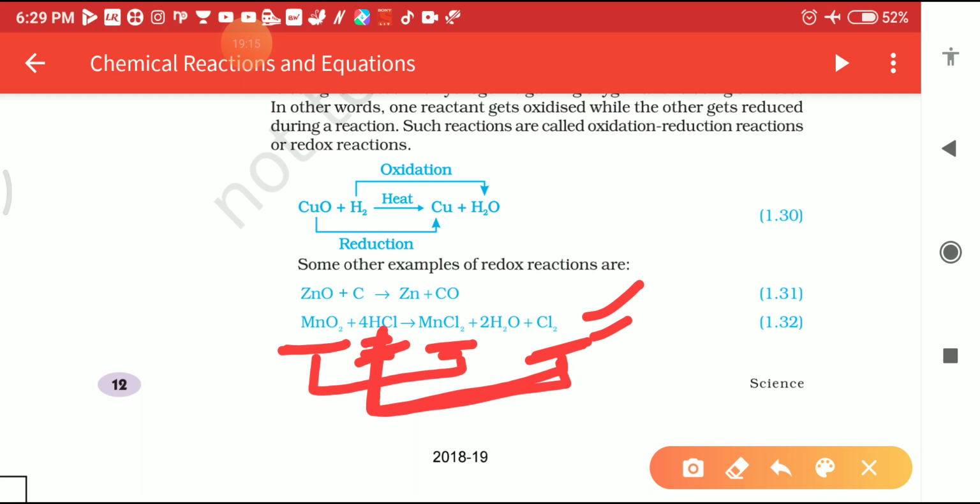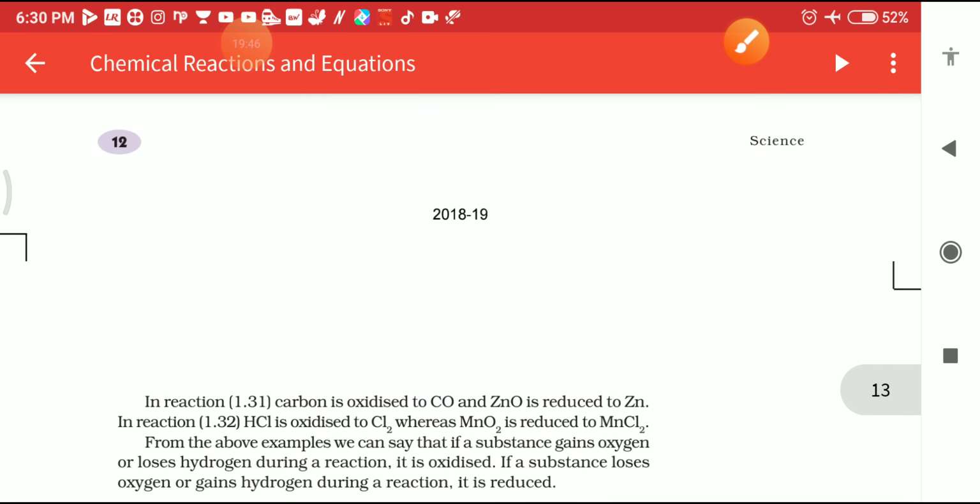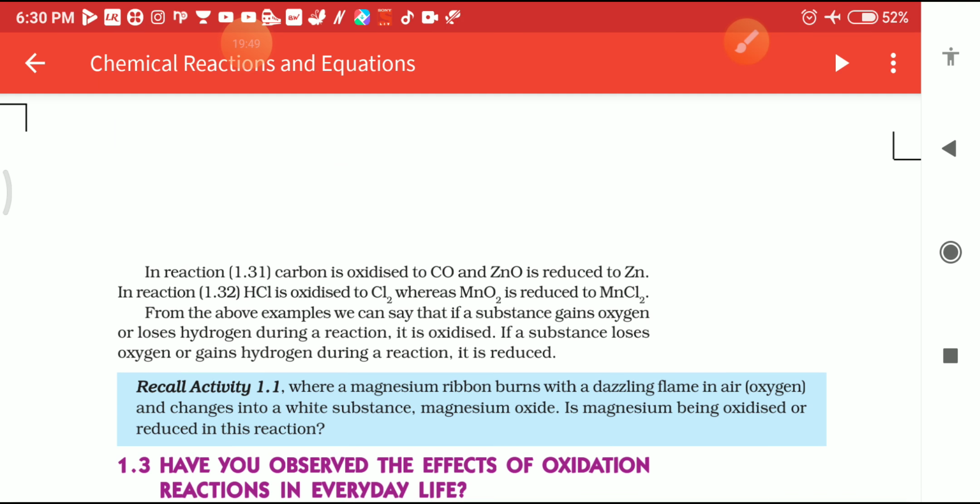One substance is oxidized and one substance is reduced, forming manganese dichloride, water plus chlorine. In this way we can say that oxidation and reduction both take place. I hope, students, you will understand this topic better, what oxidation is and what reduction is.